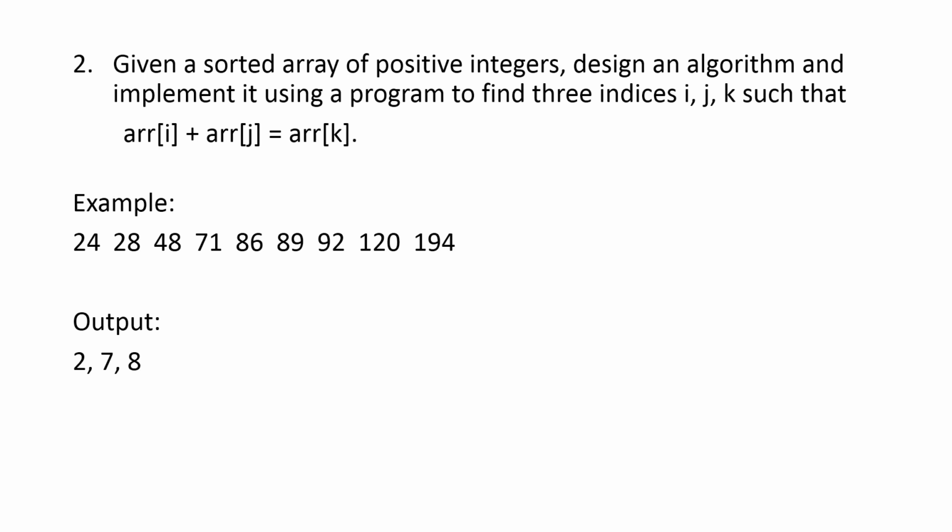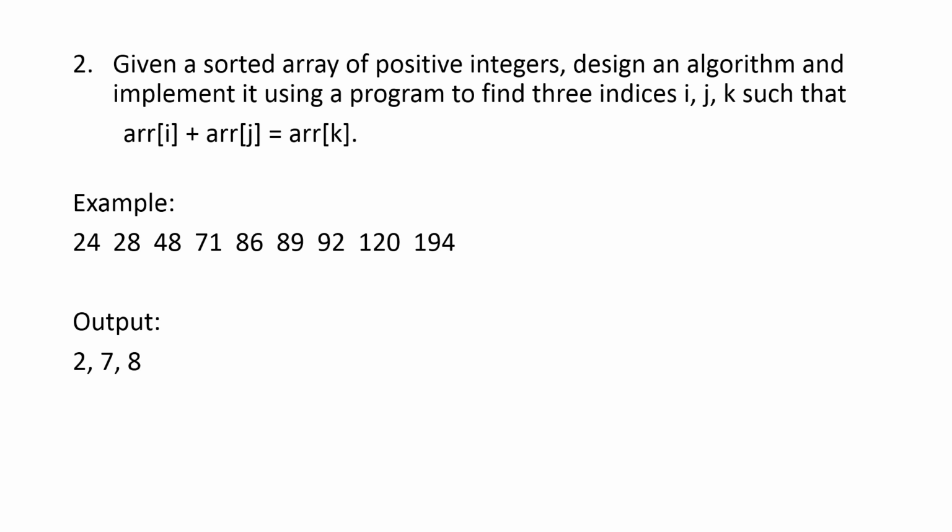The approach is that first of all you can fix the value 24, and then you can add the elements one by one to 24. For example, my first element is 24. 24 is stored at index 1, 28 at index 2, 48 at index 3, and so on.